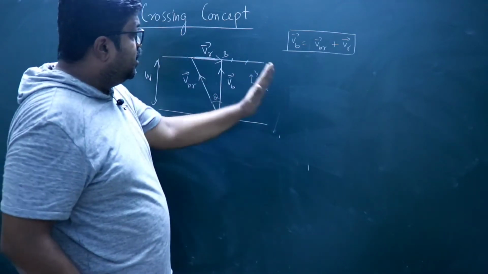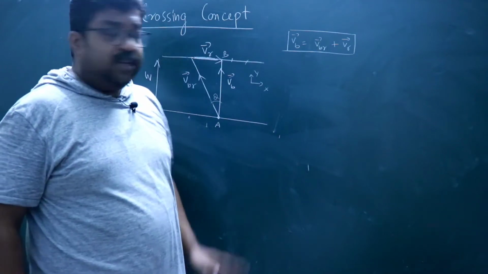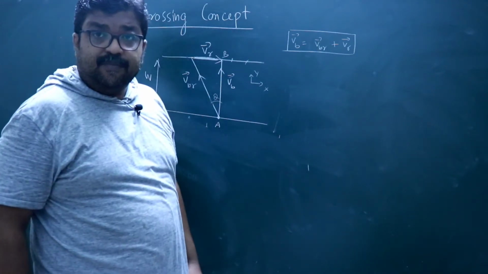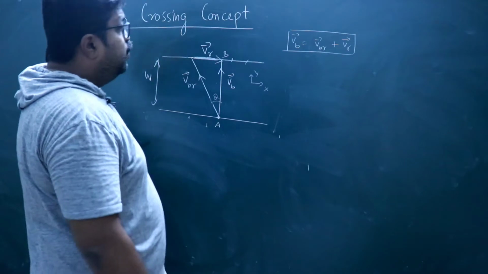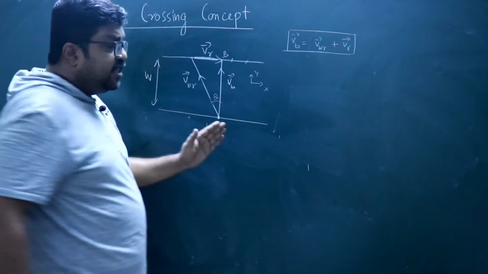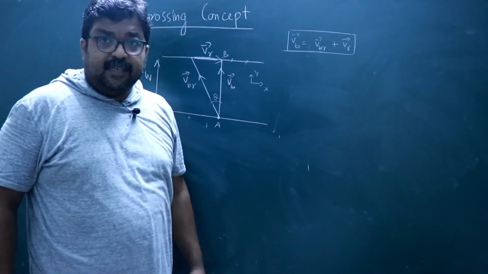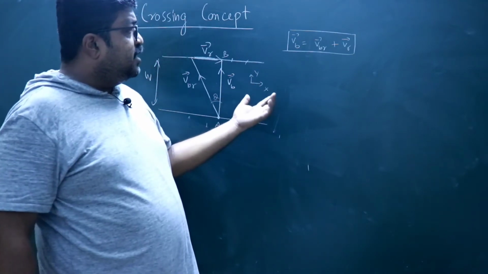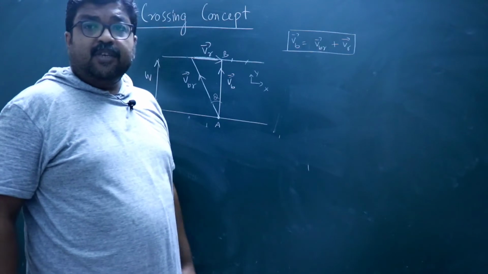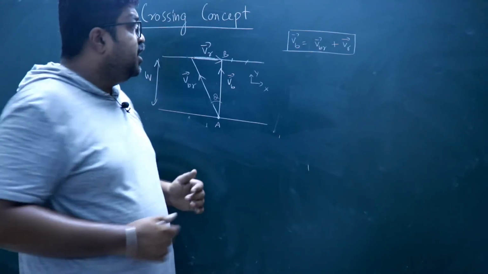So horizontal displacement is also there, vertical displacement is also there. That means the displacement is taking place both along y-axis and along x-axis. So for displacement along x-axis, we will frame this equation along x-axis.